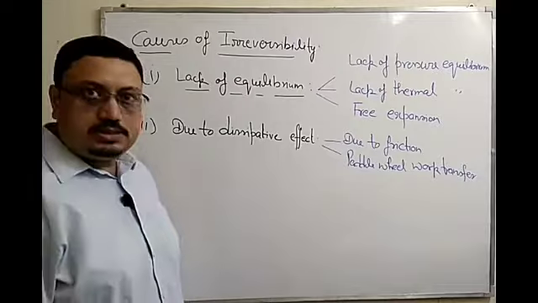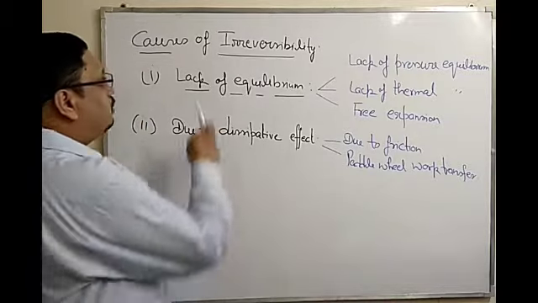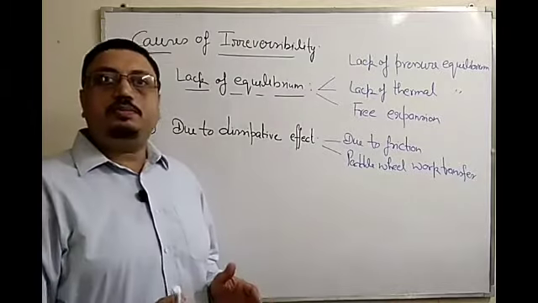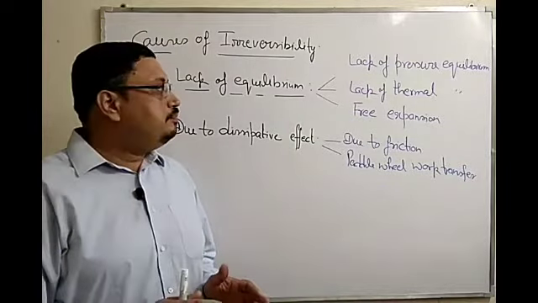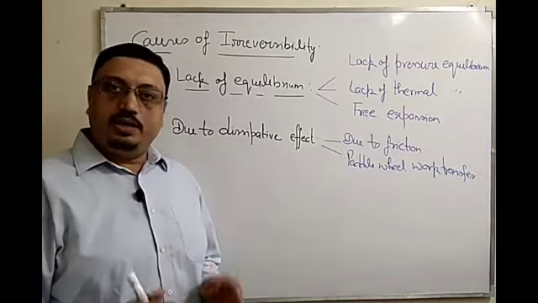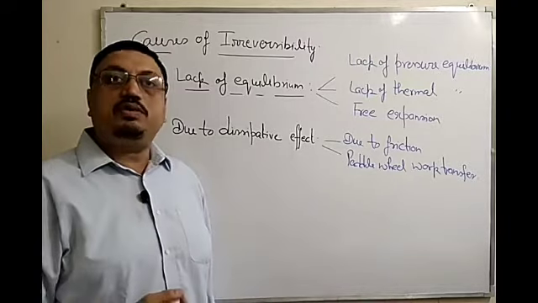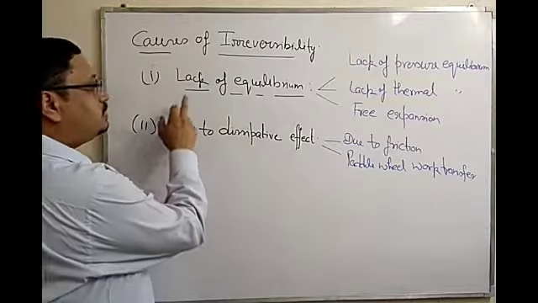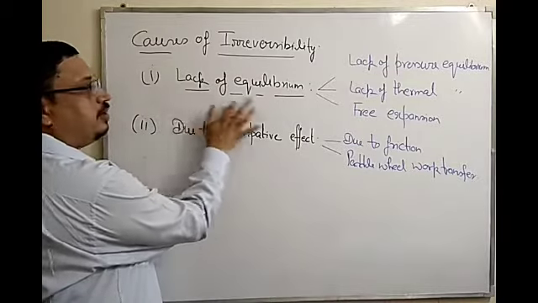So let us discuss them one by one. We are discussing the causes of irreversibility. Theoretically the process should be a reversible process, but practically the processes are irreversible. So we must understand what is the reason for this irreversibility. The first reason we have mentioned here is lack of equilibrium.